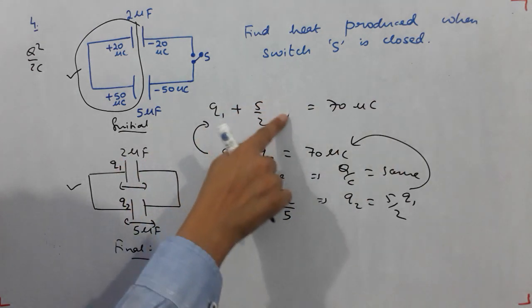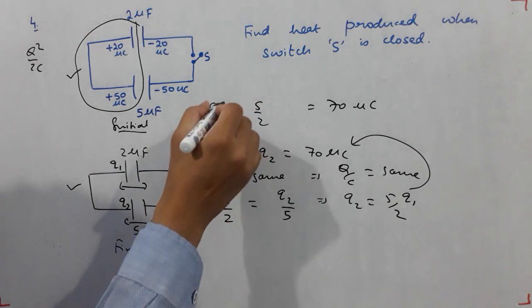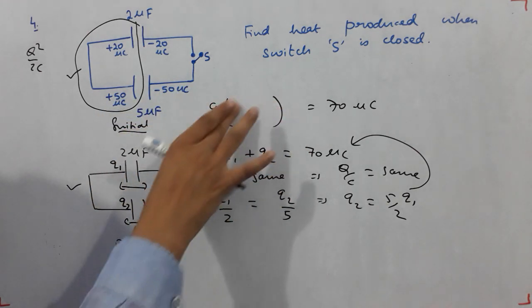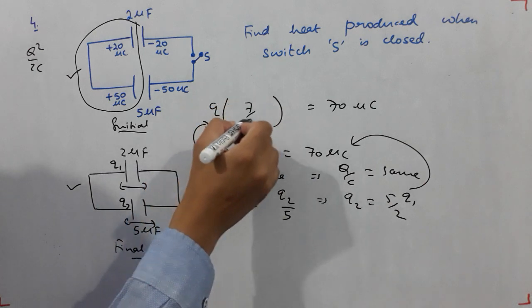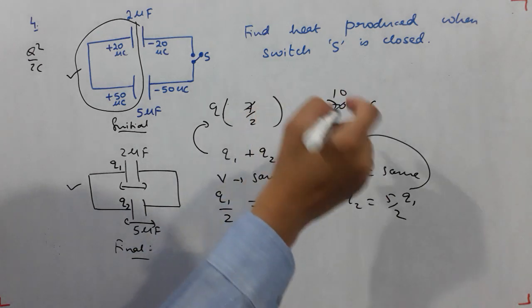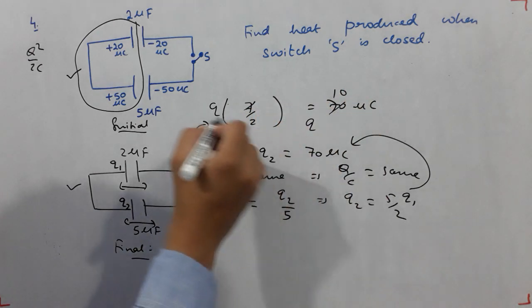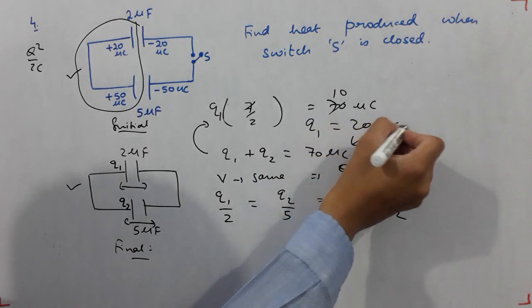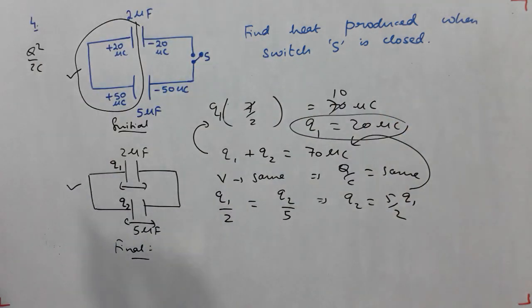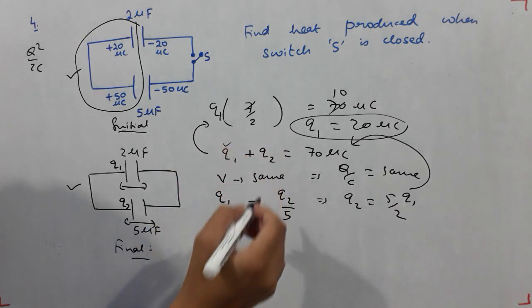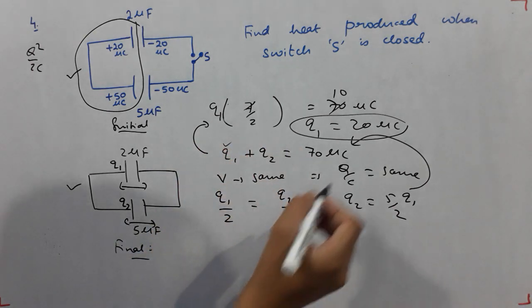Q1 you can take common, and we will be left with 1 plus 5 by 2, which becomes 7 by 2. Then 7 and 70 cancel, so Q1 becomes 2 into 10, that is 20 microcoulomb. And if Q1 is 20 microcoulomb, Q2 will be 70 minus 20, that is 50 microcoulomb.